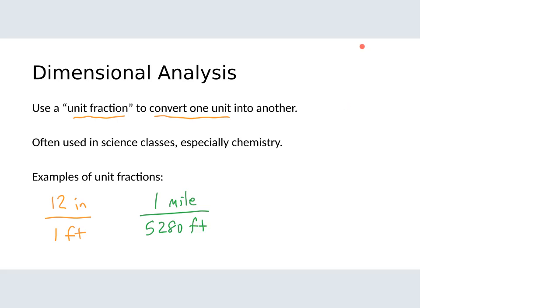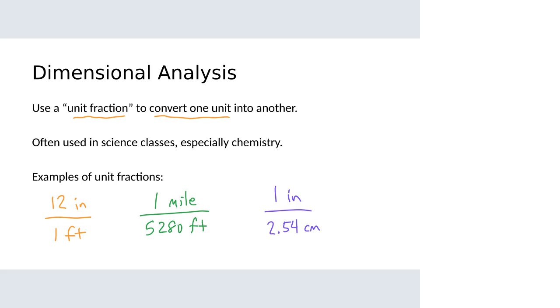And then another example would be 1 inch is 2.54 centimeters. 12 inches in 1 foot is probably common knowledge. 5,280 feet in 1 mile might be for some of you. And then going from English to metric, the idea that 1 inch is the same as 2.54 centimeters is another unit fraction that we can use when we're making conversions.